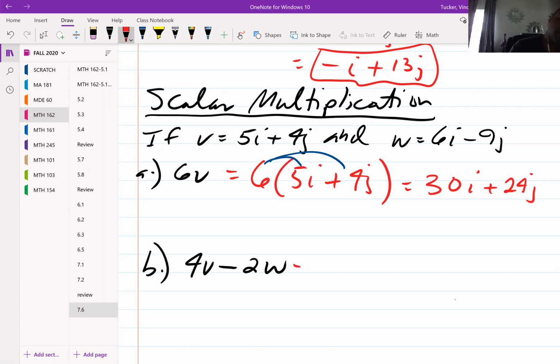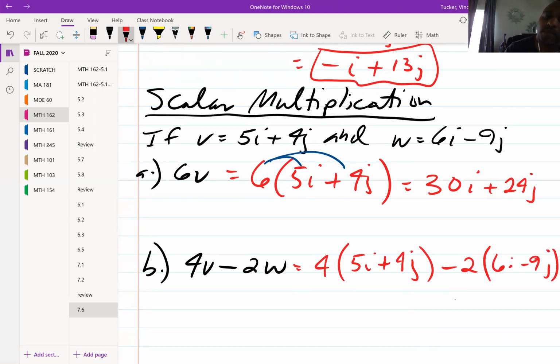And then here we have 4 times 5i plus 4j minus 2 times 6i minus 9j. Once again, we'll do our distribution. And here we're distributing -2, so be careful.